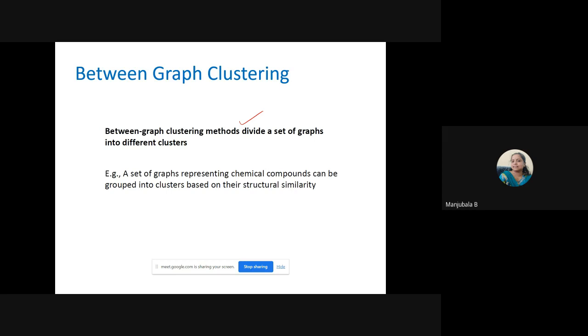For example, a set of graphs represents, suppose, chemical compounds that can be grouped into clusters based on their structural similarity. Right? For each chemical compound, we have a graph and we are going to cluster the chemical compounds having the same structure. Okay? So in that scenario, you can go for the between-graph clustering methods.